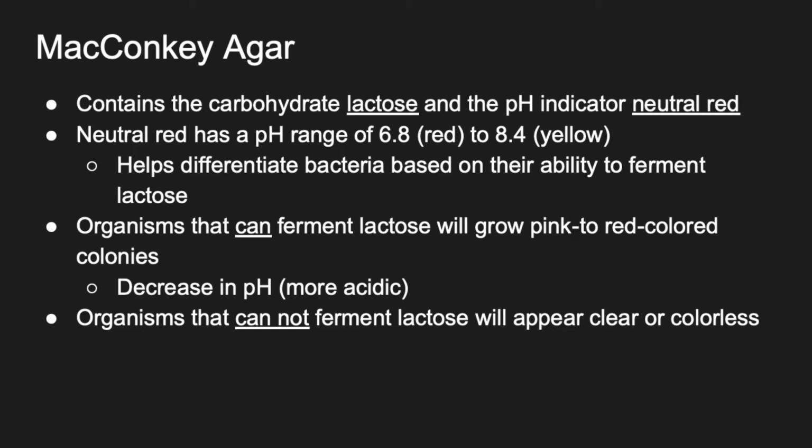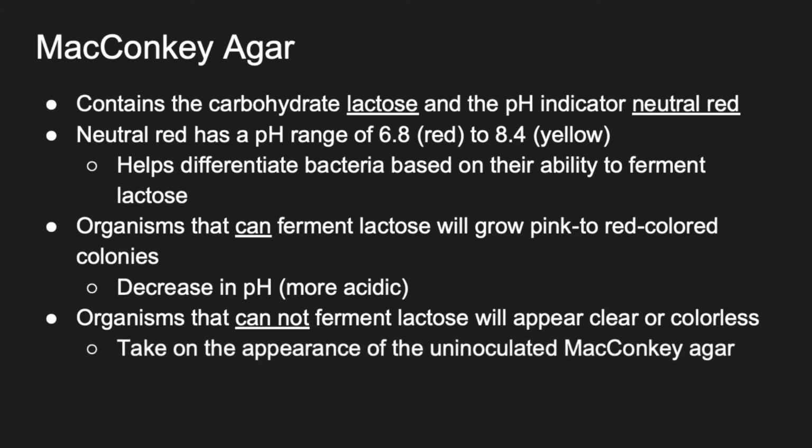And organisms that cannot ferment lactose will appear clear or colorless on that media. They take on the appearance of a non-inoculated MacConkey agar plate. So if you were to not even inoculate the plate at all, that is what this would look like with the organism that cannot ferment lactose.